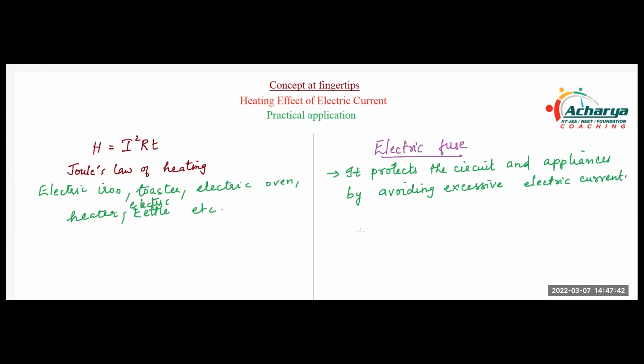Because of that, we use the fuse in series with the device. If we have a device, for example, a heater which can be represented by a resistance R, we place our fuse in series with it, so that we can cut off the supply if there is excessive current.